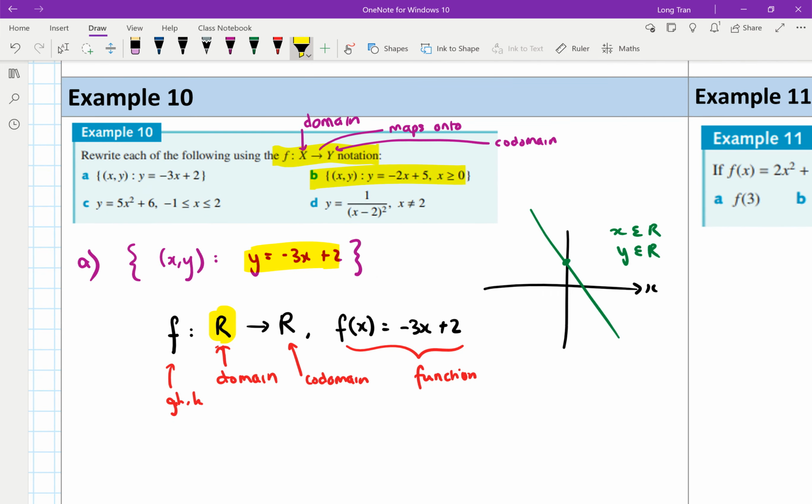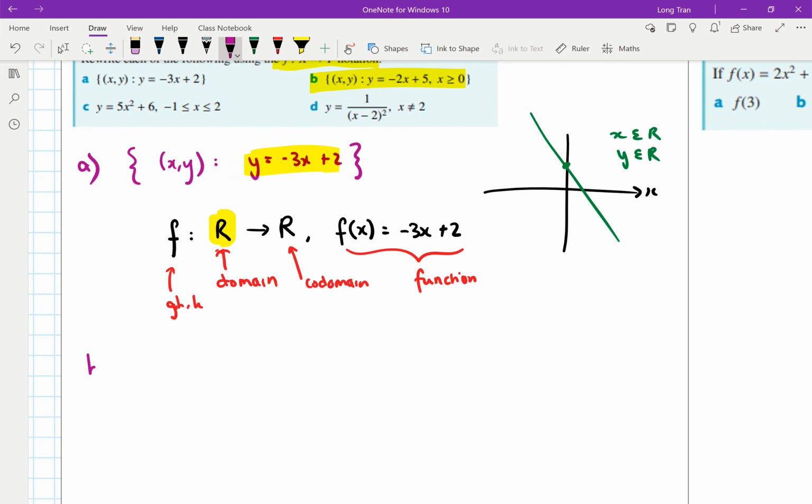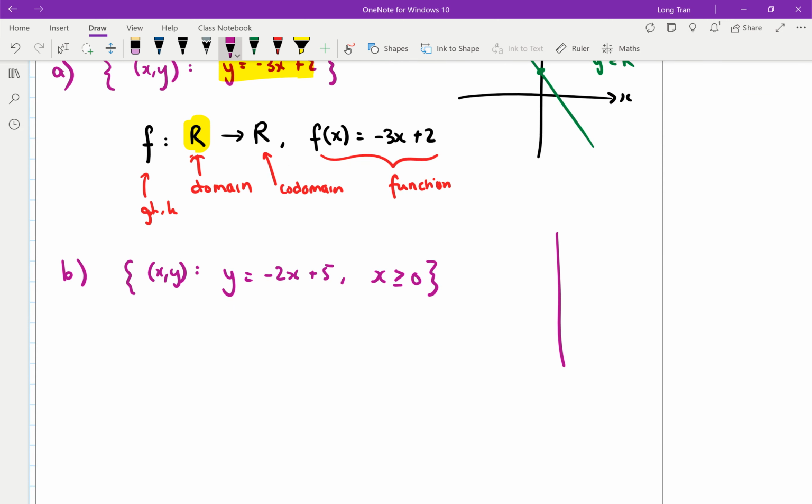Okay, but let's do B together just so you get a vibe of how to do this. So B says that you want the set of coordinates where it follows the function. This is again a linear graph, and it tells you that it's only x greater than or equal to 0. So that means when I sketch this graph hypothetically, the x-axis says it can only be greater than or equal to 0.